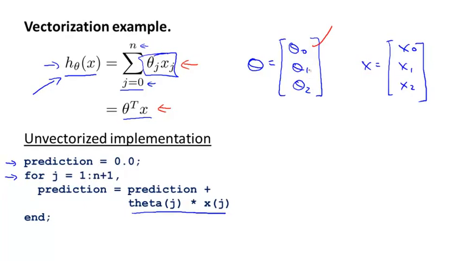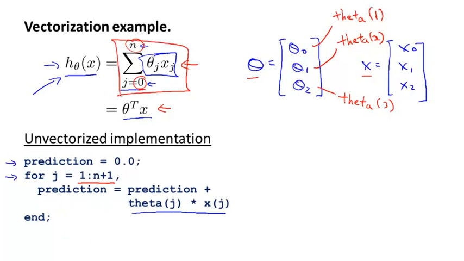But because MATLAB is 1-indexed, theta 0 in MATLAB we might end up representing as theta 1, the second element ends up as theta 2, and the third element might end up as theta 3, just because vectors in MATLAB are indexed starting from 1, even though I wrote theta and x here starting indexing from 0, which is why here I have a for loop where j goes from 1 through n plus 1 rather than j going from 0 up to n. But this is an unvectorized implementation in that we have a for loop that's summing up the n elements of the sum.